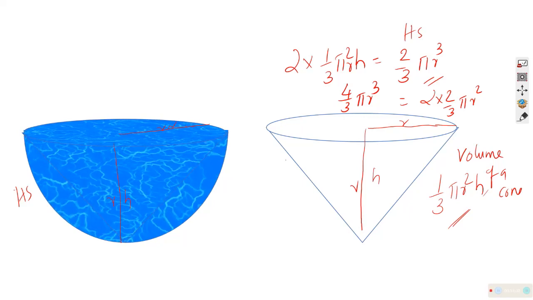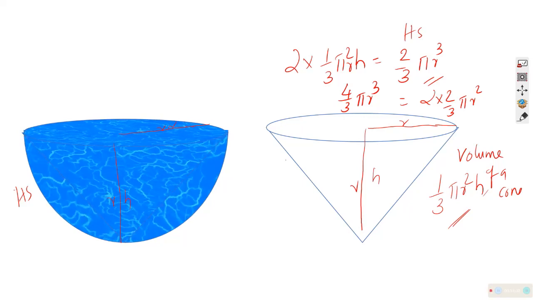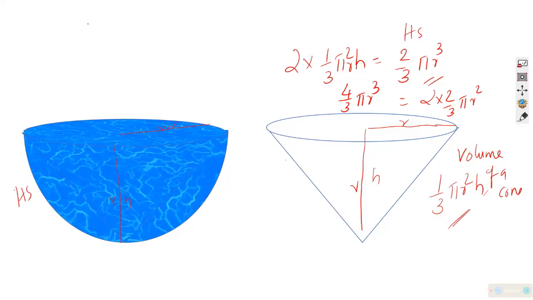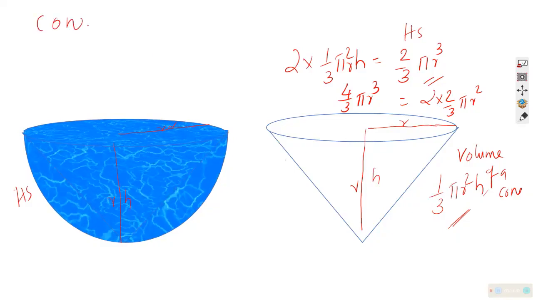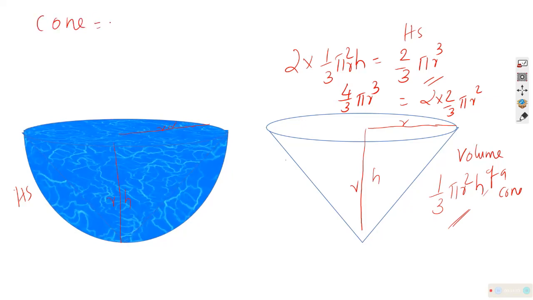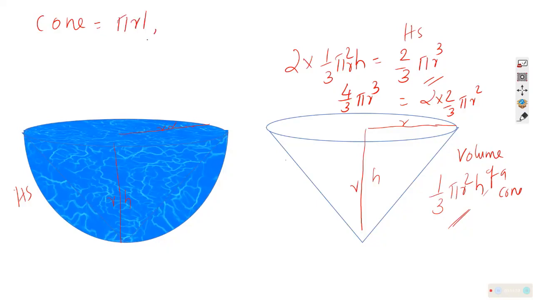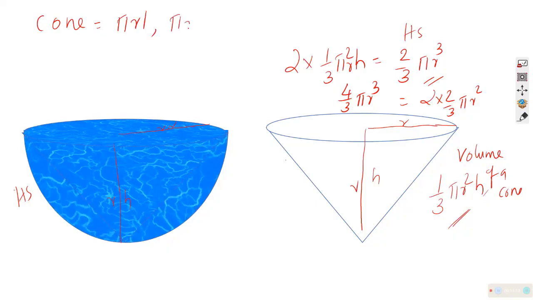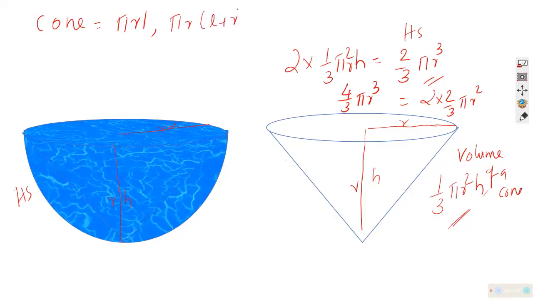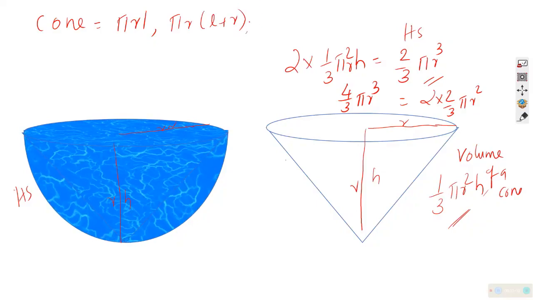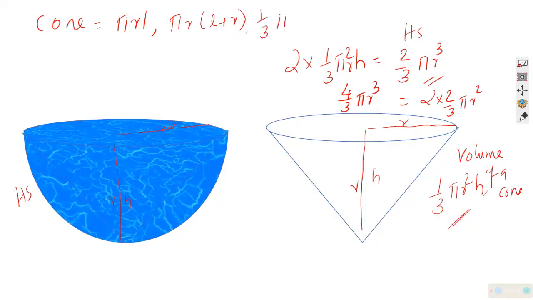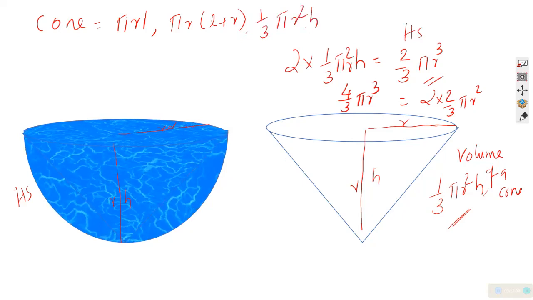So slowly and steadily we reach the basics of surface area and volume of different figures. Especially about cone, you studied the curved surface area, pi r l, and the total surface area, pi r into l plus r, and you also studied that 1 upon 3 pi r square h is its volume.